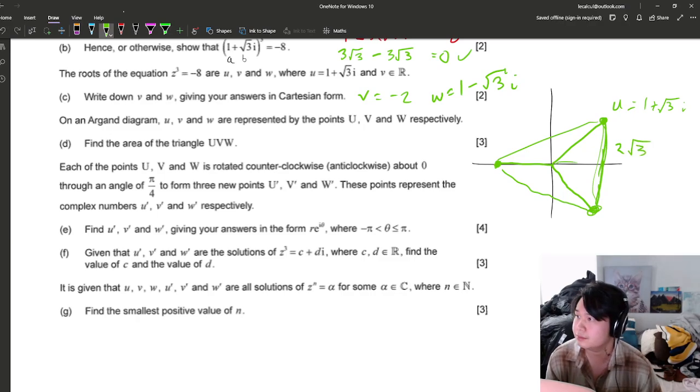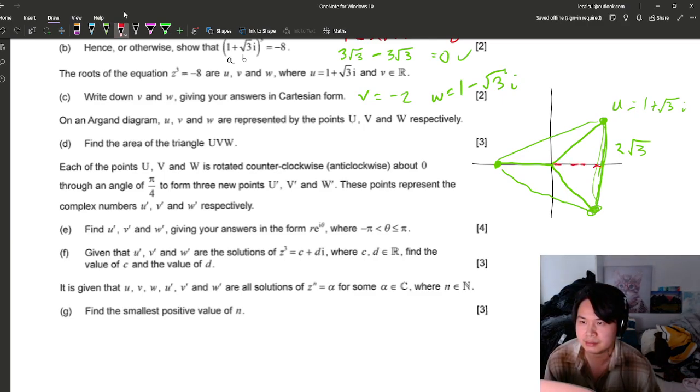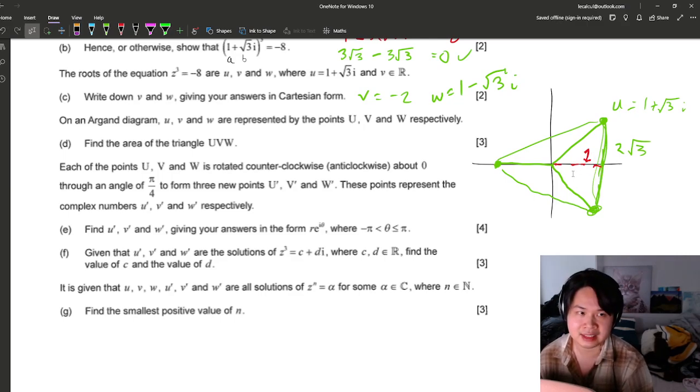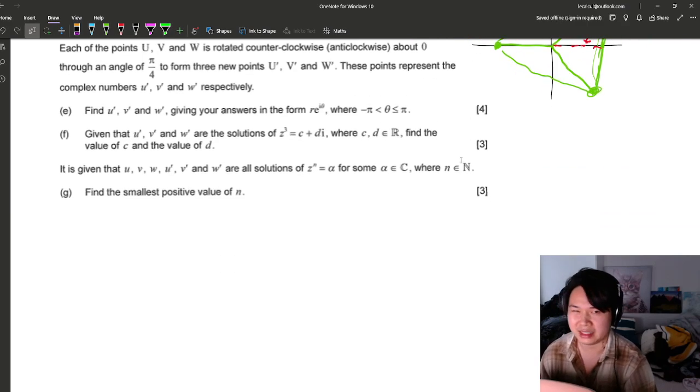I'll use a different color. And this here is 1. So we can literally just do base times height, because these are perpendicular, of course. Base times height divided by 2 to get the area of this. And then I drew this not to scale, but these 3 triangles are identical. So once we find the area of this one, we can just multiply by 3. At least I think they're identical.